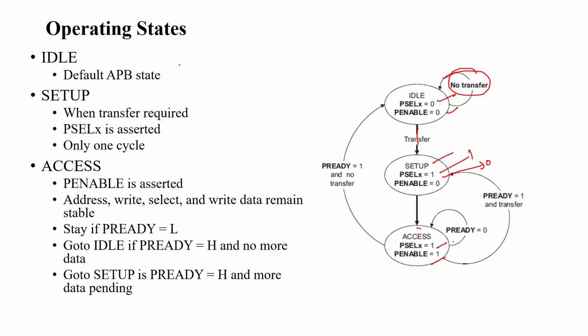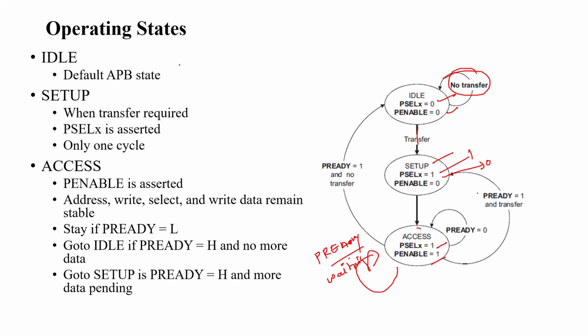Then if your PREADY is 0, it stays in the same state because the ready signal is not 1. We are waiting to receive the ready signal as 1, so the slave should send the ready signal as 1.